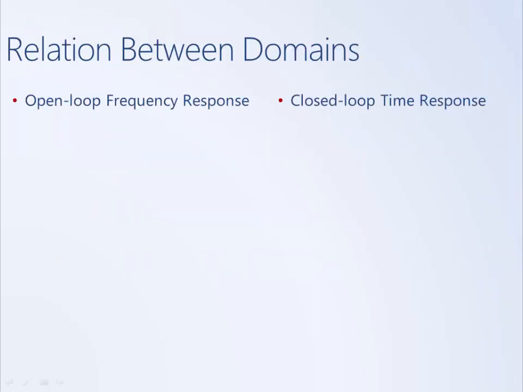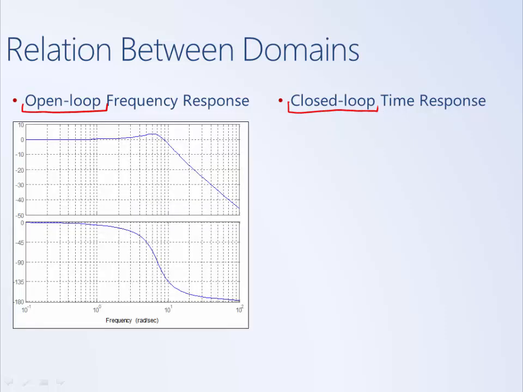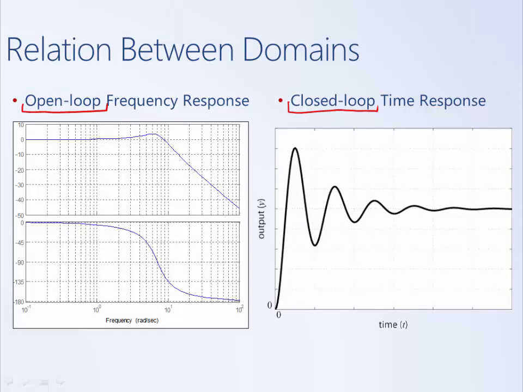So when we design controllers, we are going to use the open loop frequency response. So what we want to be able to do is to connect aspects of the system's open loop frequency response to its closed loop time response. So take a look at an open loop Bode plot, for example, and understand how it relates to the closed loop step response.